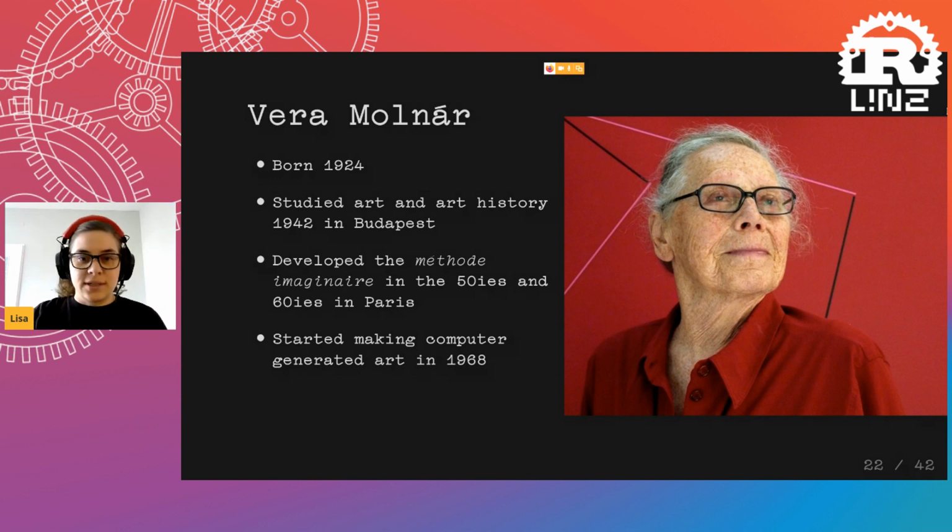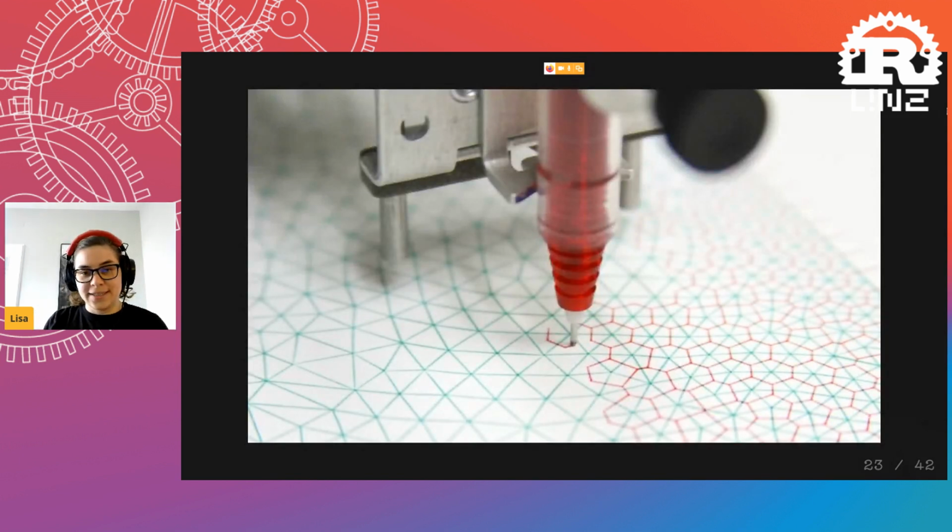But then in the late 60s, computers were more available-ish, at least to some people. The first thing that she did was make art with it. Really, really cool, a real pioneer. And what is also cool, I think, is not only that she started making art, but the way she brought the computer-generated stuff back into the real world is through the use of pen plotters.